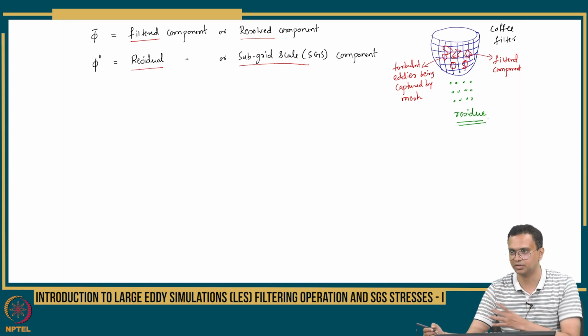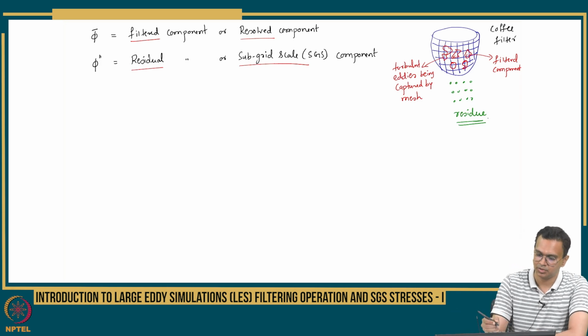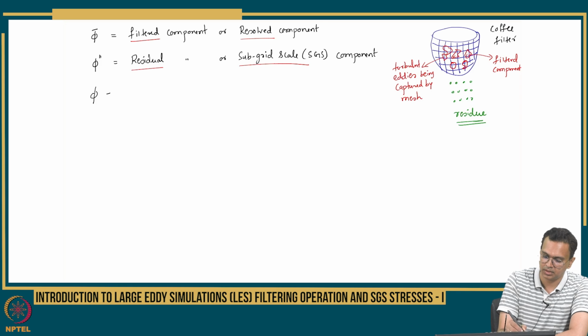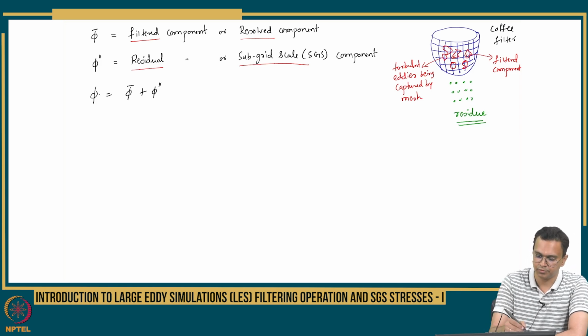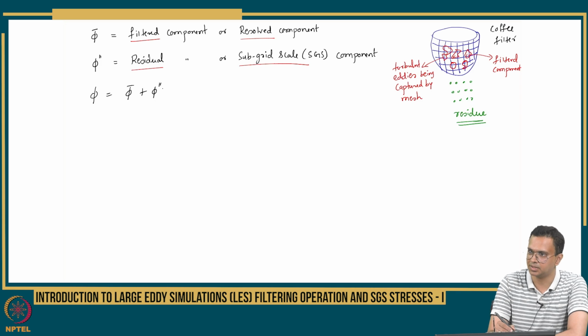On that new mesh you are going to filter the DNS data. Then you have the residue that is coming out. That means phi in LES is phi bar plus phi double prime. So if phi is the DNS data and I am doing a filtering operation to get phi bar, then phi double prime, the residue, is exact. You have access to this. You can subtract the filtered DNS data from the DNS data to get the residue.